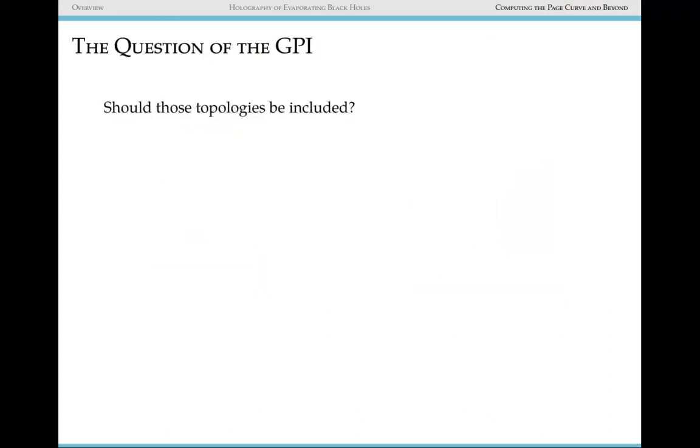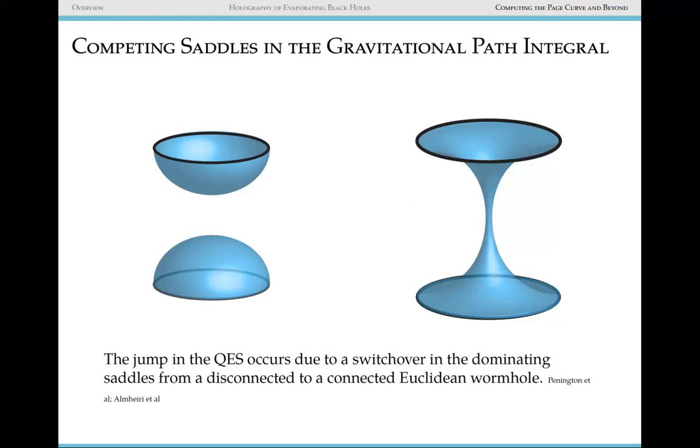Is the stuff you said about what happens in 2D pure gravity, and how you can actually compute the gravitational path integral in that Euclidean setting, are you using any of that here, or no? That's just something independent. So this is a two-part question. In principle, you do not have to use that to do this because this is a semi-classical approximation. We're looking for saddles. We're not looking to do the full gravitational path integral here.